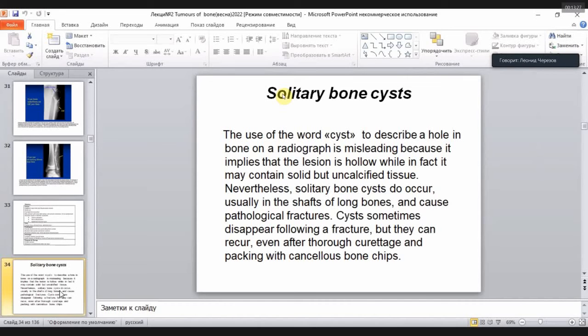Nevertheless, solitary bone cysts do occur, usually in the shaft of long bones, and cause pathological fracture. Cysts sometimes appear following a fracture, but they can recur even after thorough curettage and packing with cancellous bone chips.